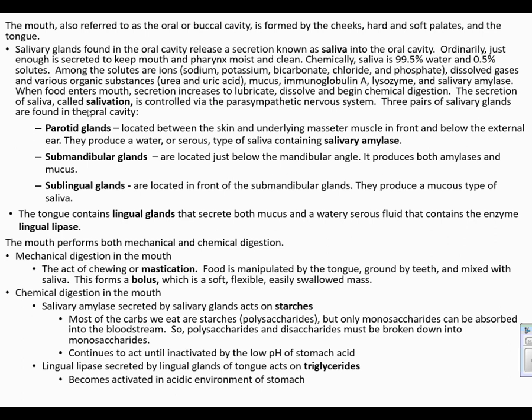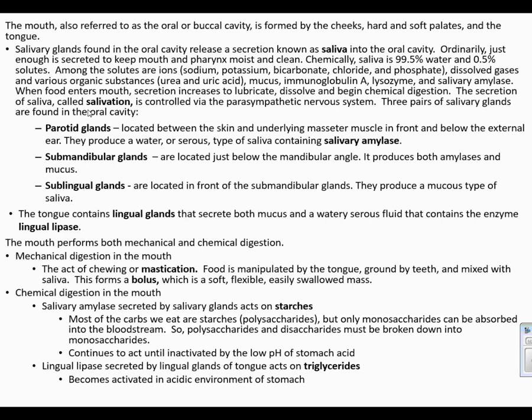The opposite works for lingual lipase. What do you think lingual lipase helps to digest? Lingual lipase. What's the other name for fats? Lipids.